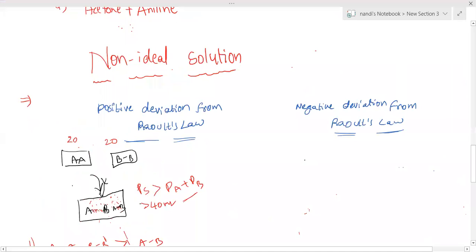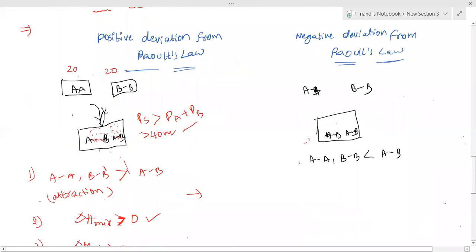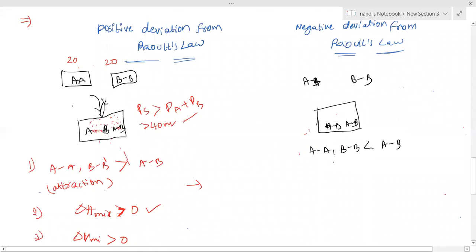When we dissolve A and B B molecules, A B forms very strong attractions. You can write: compared to the A A molecule and B B molecule, the A B attraction is stronger. This is the attraction order, which is what you are expecting here.